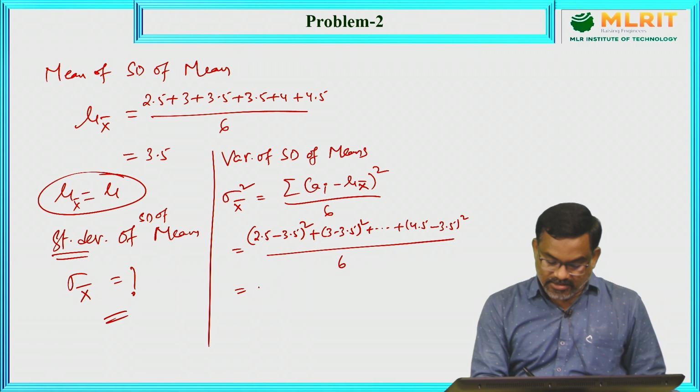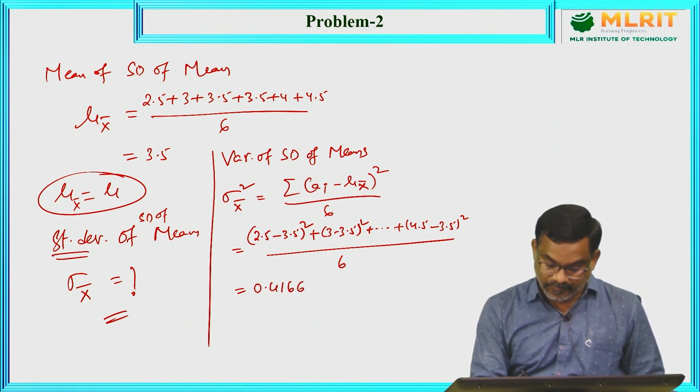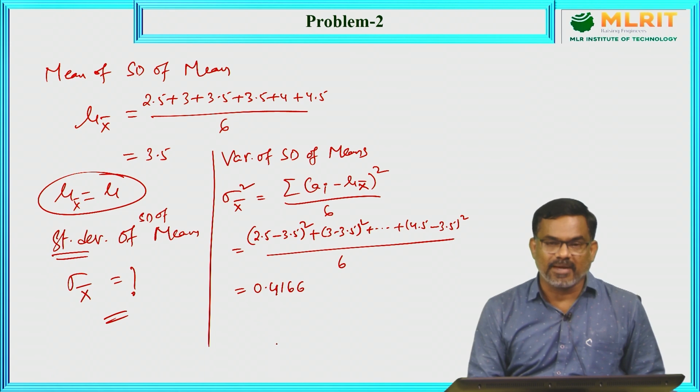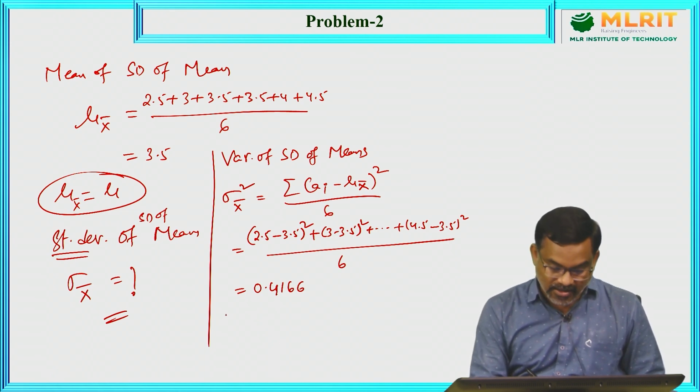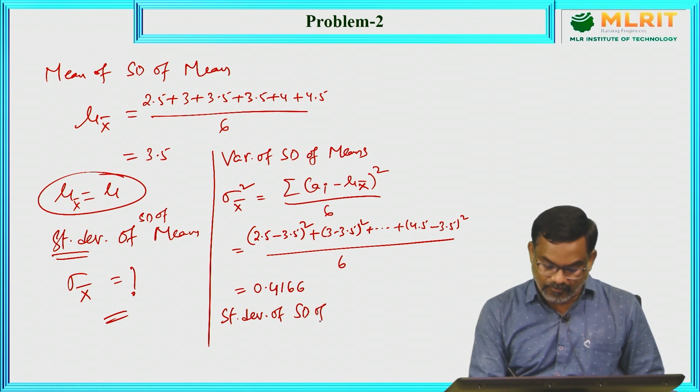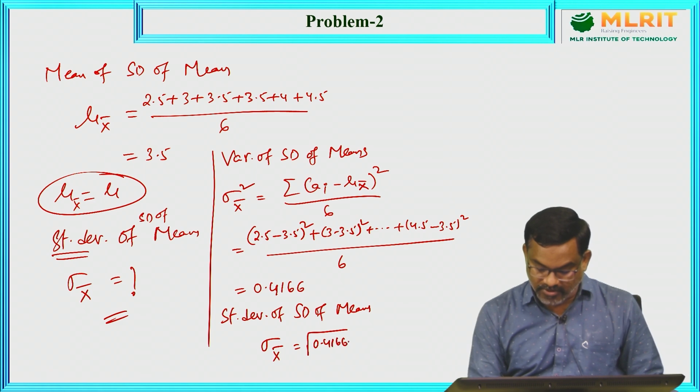And the result here is 0.4166. This is the variance of the sampling distribution of means, and to get the standard deviation of the sampling distribution of means, sigma x bar, we take the square root of 0.4166, which results as 0.645497.